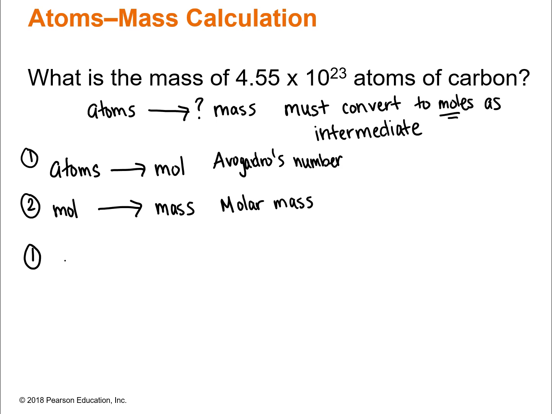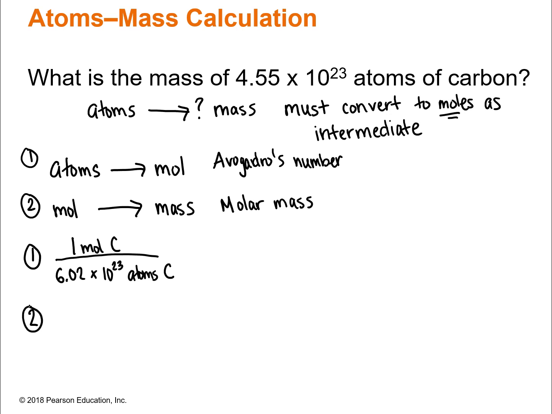Exactly. Atoms should go on the bottom. So wherever you put your atoms, that's where you're putting Avogadro's number. On top, we're going to put 1 mole of carbon.